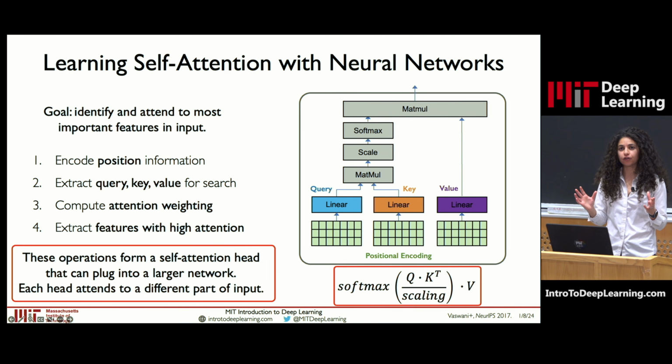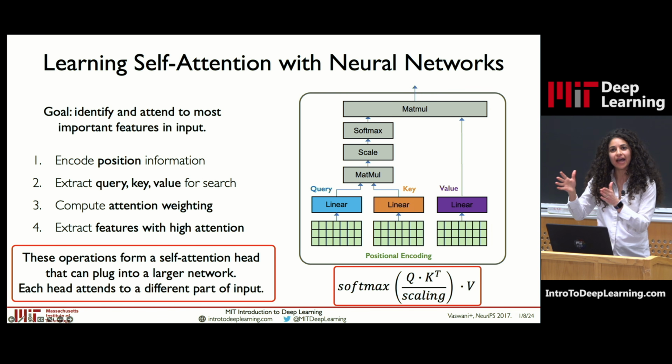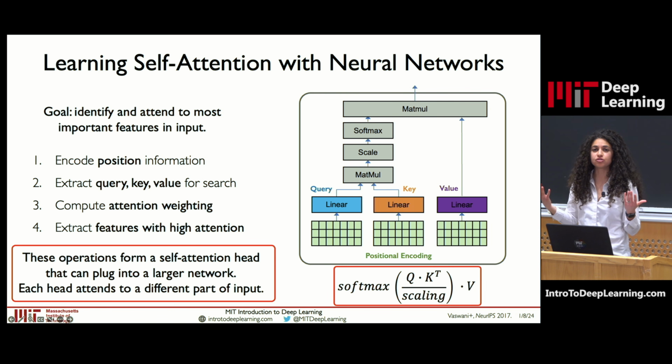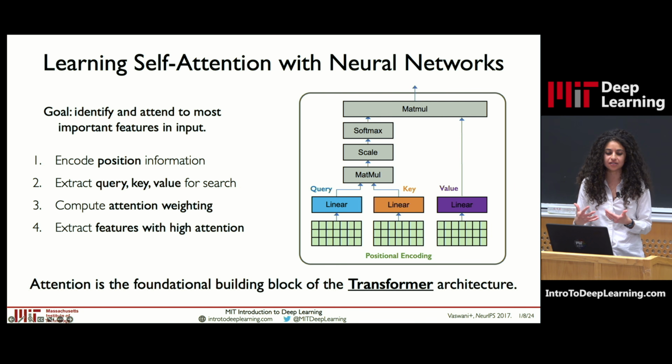All this put together forms what we call a single self-attention head. And the beauty of this is now you have a hierarchy and you can put multiple attention heads together to design a larger neural network like a transformer. The idea here is that this attention mechanism is really the foundational building block of the transformer architecture.